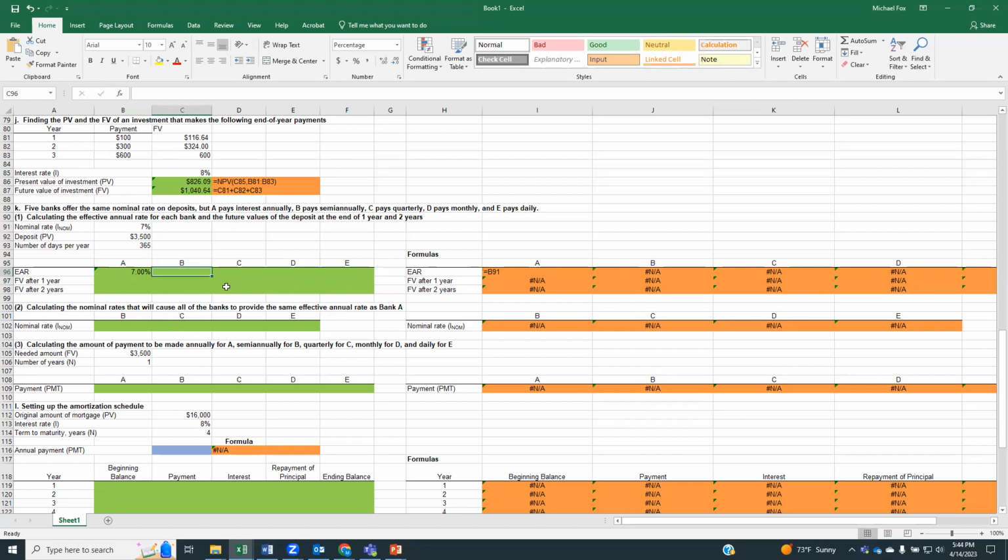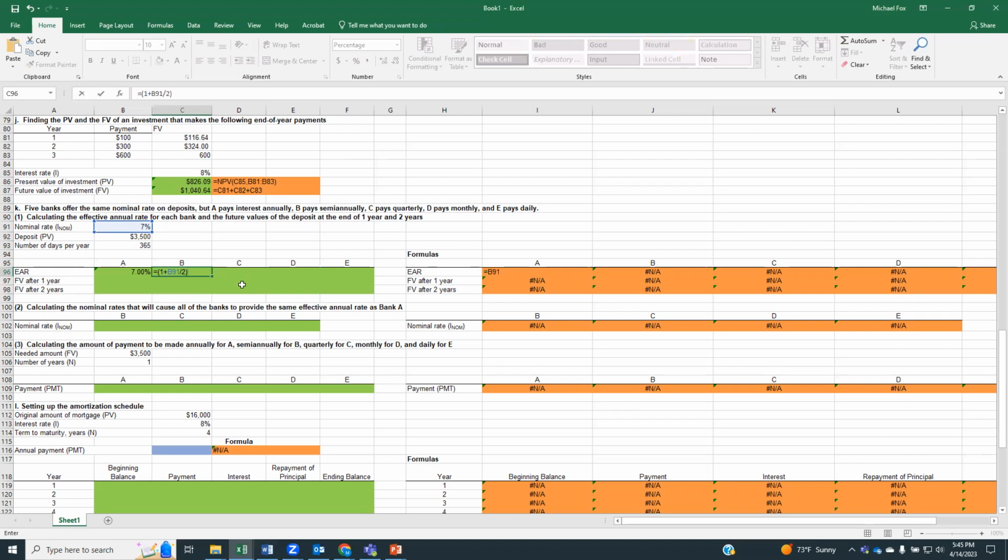So the formula is 1 plus the nominal rate divided by the number of periods. So if it's paying semi-annually, there's 2 semi-annual periods in a year, so I'm going to put 2.